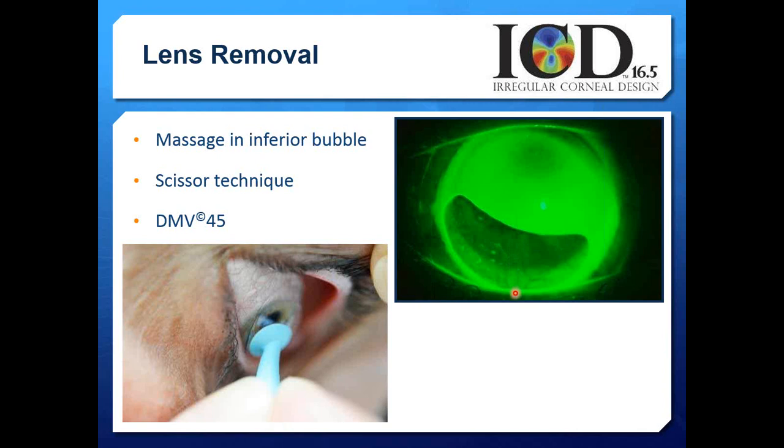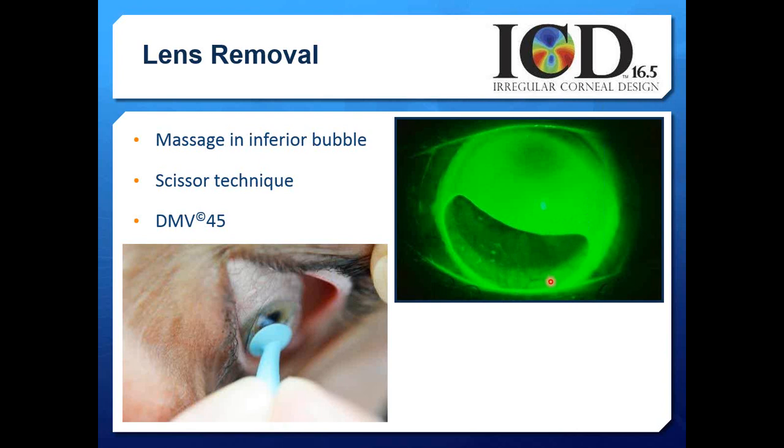What you do is you have the patient press with their finger into their lower lid below the contact lens, below the ICD, so they create a gap between the surface of the conj and the lens. And as soon as they've created enough gap, then the bubble will shoot its way in there. Once the bubble's in there, then you've broken the negative pressure that exists between lens and cornea, and the lens should pop out quite easily.